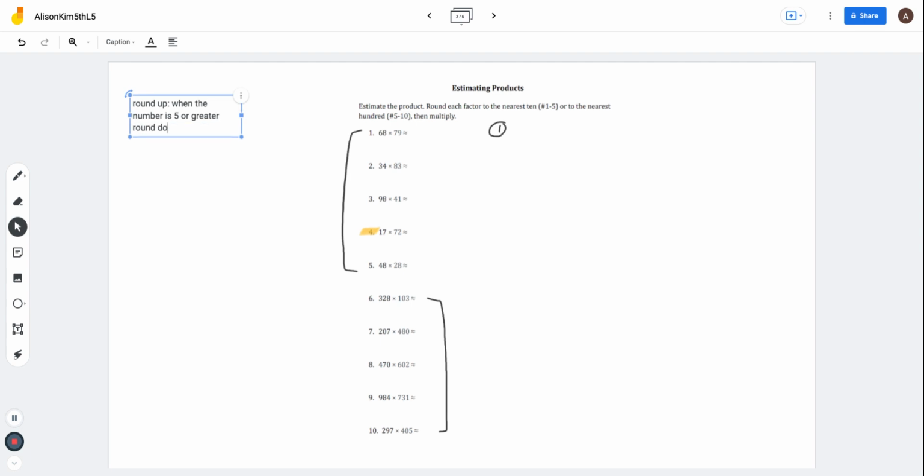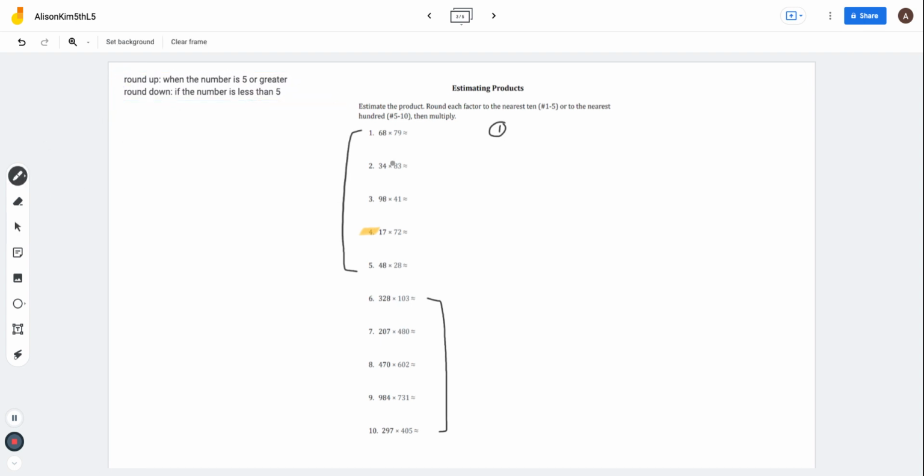You round down if the number is less than 5. You always need to remember this. And keeping that in mind, let's move on.